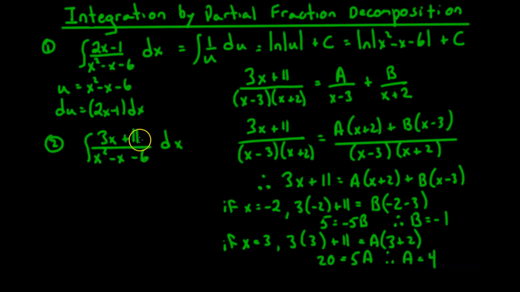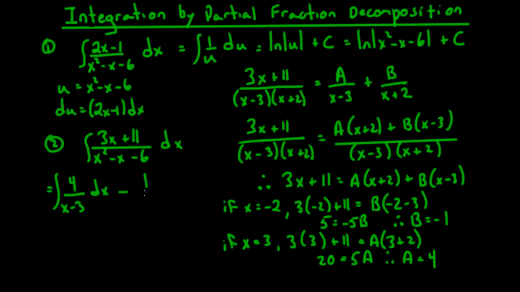All right, now I can go back and split up this integral into two separate integrals. I can say this equals the integral of a, which we know is 4, over x minus 3 dx. I'm using the property of integrals here, so I can then subtract 1, right, because I have minus 1, so I'm adding negative 1.